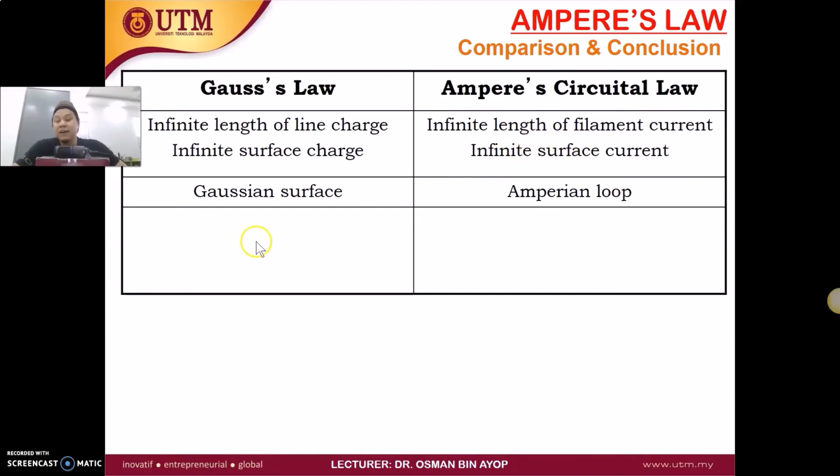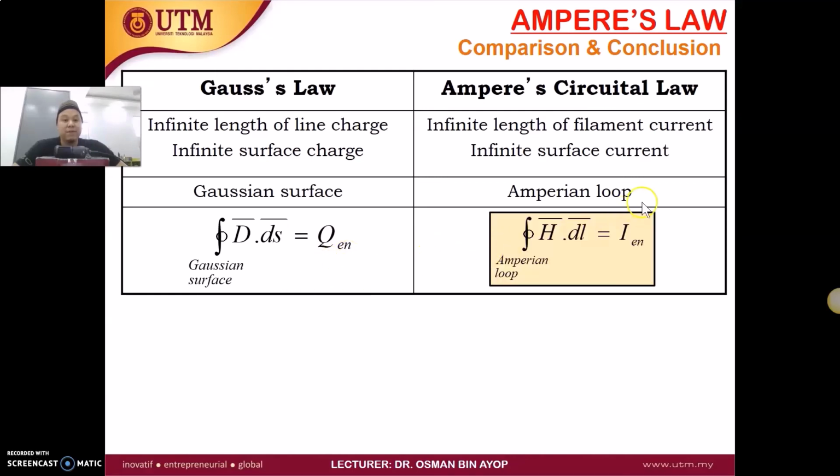For the Gauss law, we create the Gaussian surface to find what D is. So the integral of D dot dS is equal to Q enclosed.